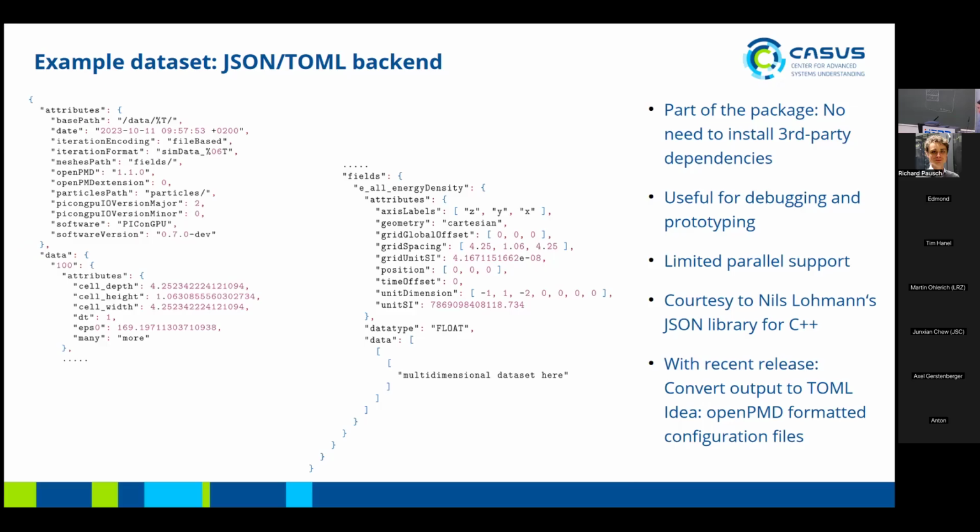In TOML I could, for example, just write data.100.attributes and then list all those attributes that are at level 3 or 4 here, like cell depth is 10.